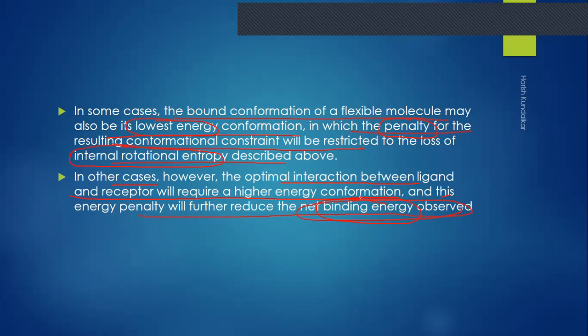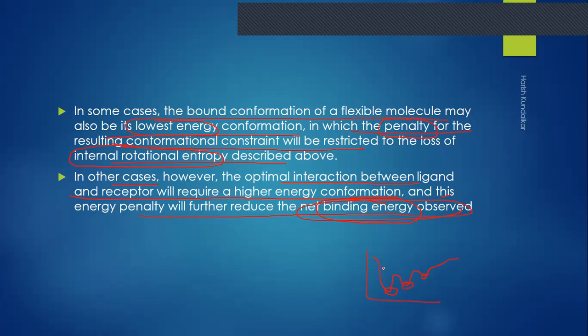On the other hand, if low energy conformers are binding, so yesterday we had talked of a potential energy curve, right? So we talked about the global energy minimum and then a few other energy minima. If this particular conformation is binding, that is best for binding, as compared to any other conformers.